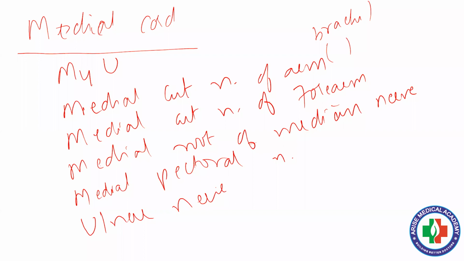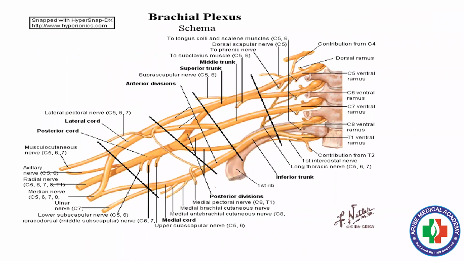So let us look at the image. We are talking about branches of the medial cord. So this is the medial cord. I told you the branches are lateral cord, the posterior cord and a medial cord. In the medial cord, you can see this branch is the medial pectoral nerve. Then medial brachial cutaneous nerve. Brachial means cutaneous nerve of arm. Antebrachial means medial cutaneous nerve of forearm.